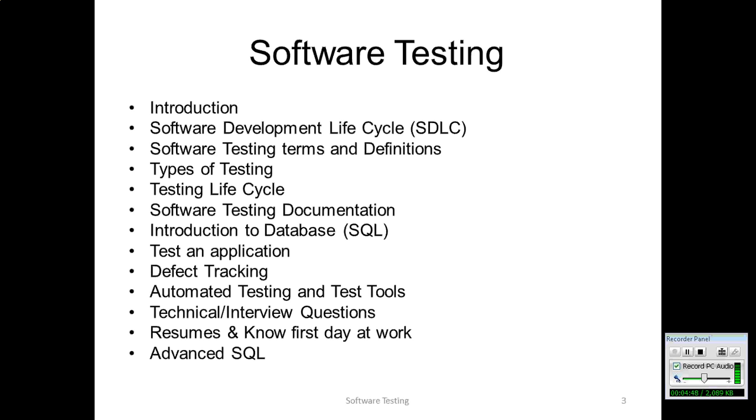And we will see some of the software testing terms and definitions. There are many terms we are going to learn throughout this class, but there are specific terms related to software testing that you have to know, and we will see those terms and the differences between them. We will see some of the definitions also. And after that, we will see the types of testing. As you know, there are many types of testing, but we will see the major types that generally everybody uses.